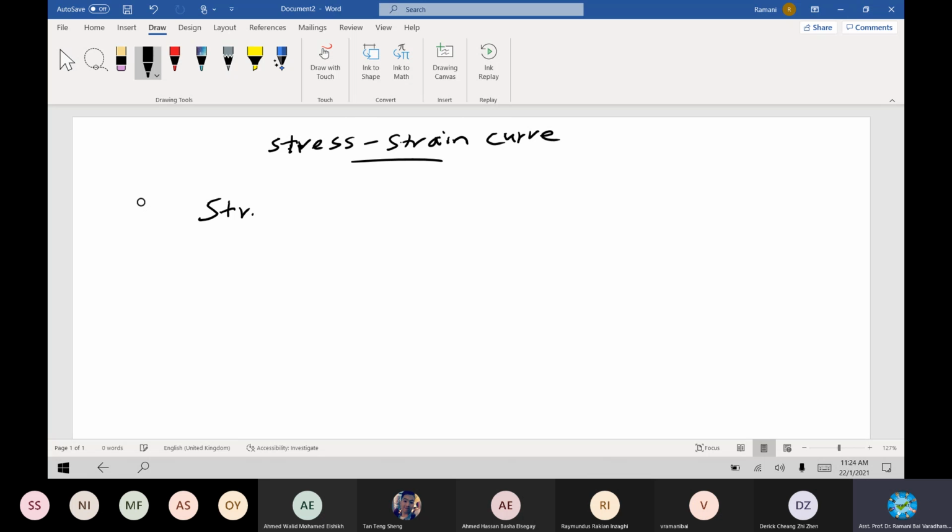Okay, for this, what do you mean by this one? Stress is, today I say this is proportion to strain. This is already explained by gentleman called Hooke's law. We call this as Hooke's law. Hooke's law states that stress is proportional to strain. What does it mean?